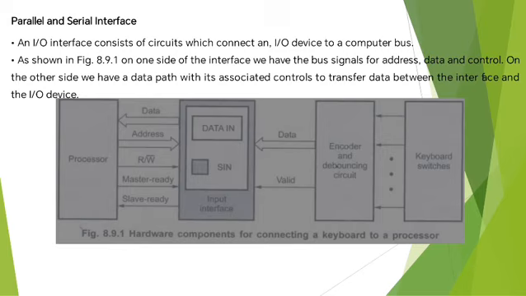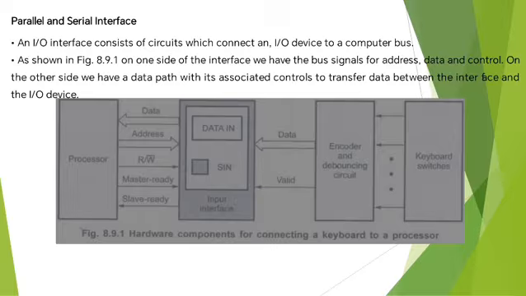This is the picture of the parallel as well as serial interface connection. An input output interface consists of circuits which connect an input output device to the computer bus. Here we have the processor as well as the keyboard switches. In between we have the data bus, address bus as well as the control bus.